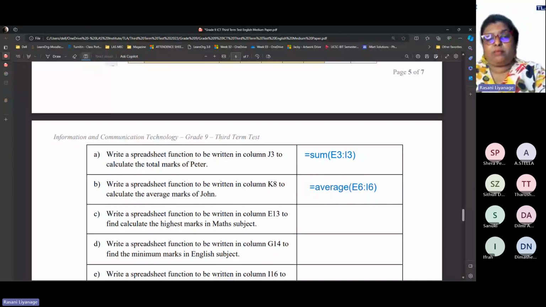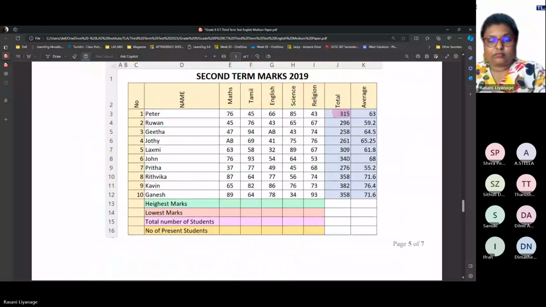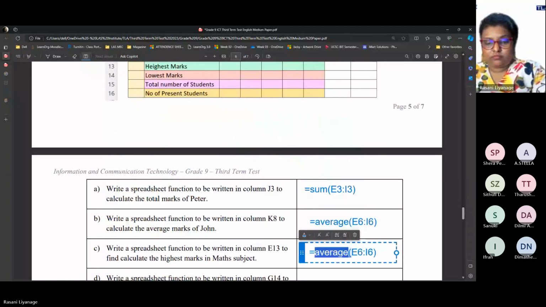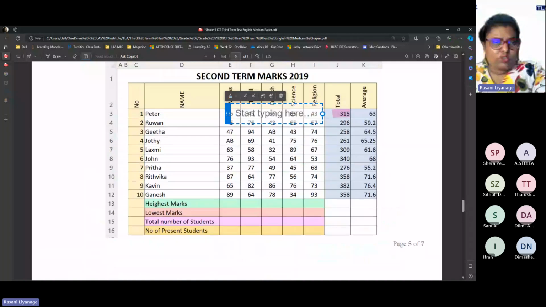Then the highest marks for maths: E3 to E12. Why E3 to E12? It starts off here, which is E3.